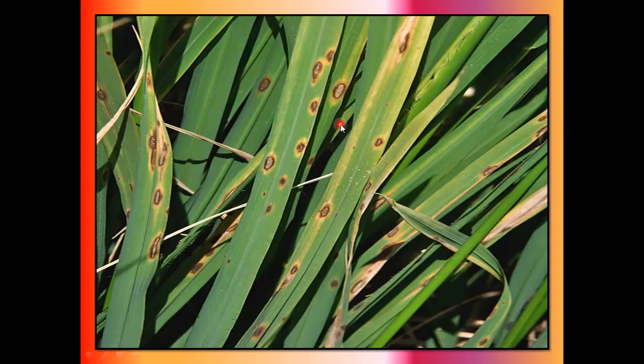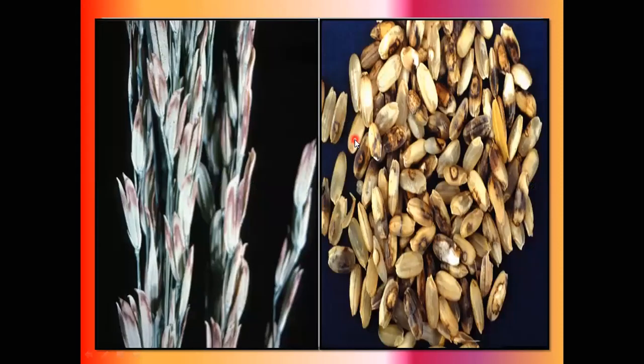Then this fungus also develops on the nodal portion, panicle portion or glume portions. Initially brownish spots may be seen on the stem portion, nodal portion or panicle portion, or finally such brownish spots may be seen on the grain portions.